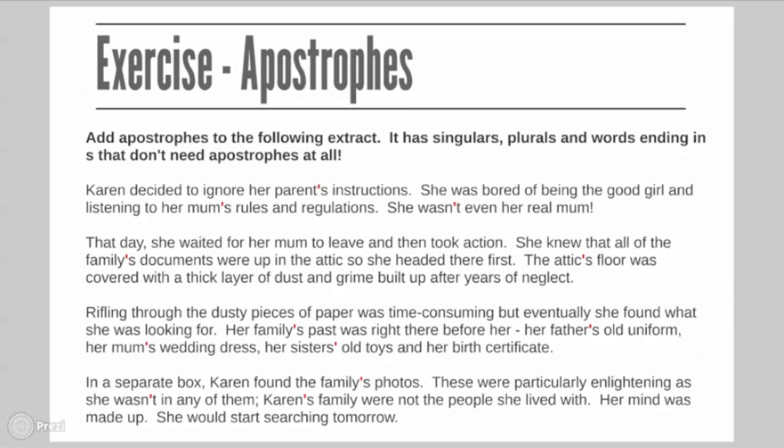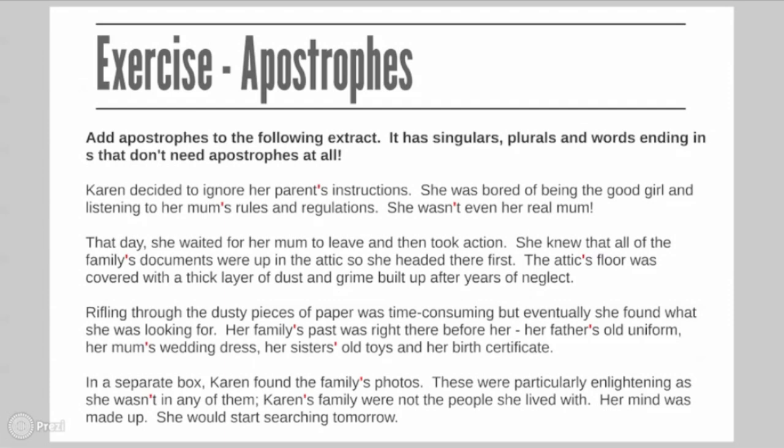Now, family is singular, and therefore the apostrophe comes after the Y and before the S. Then in the next sentence, we've got the attic's floor was covered with a thick layer of dust and grime built up after years of neglect. There's one attic, and therefore it is singular, and the floor belongs to the attic, and therefore it is an apostrophe of possession, and the apostrophe comes after the C and before the S.